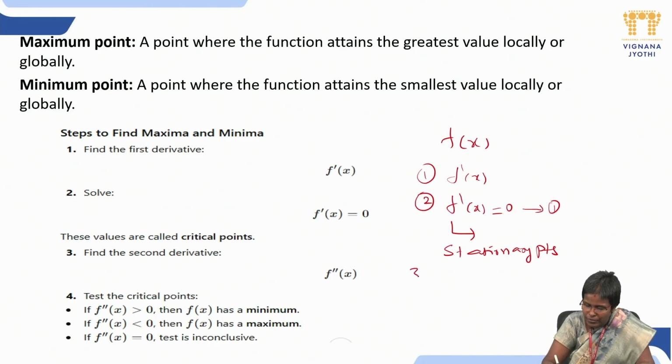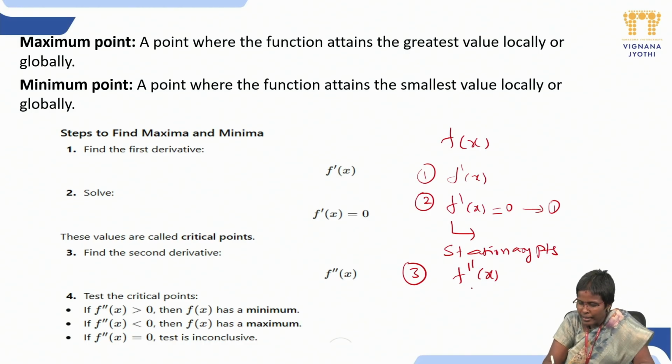Okay. Then afterwards, what is the step we have to do? We have to find the second derivative, f double dash of x. After finding the second derivative, we substitute the stationary point into f double dash of x.